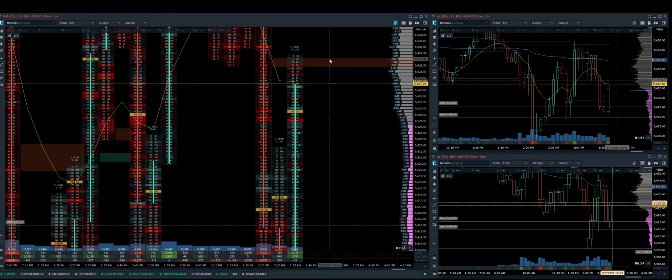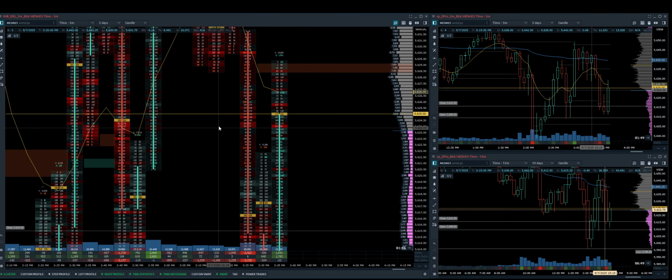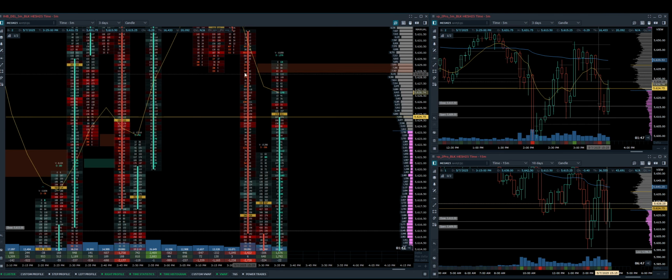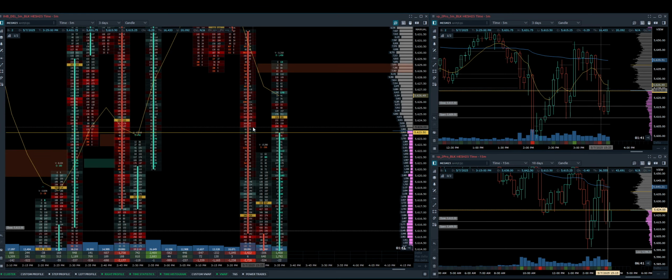A bunch of that was just support, it became resistance. This is when you have a bunch of selling up in here. So when you have a bunch of selling prior, you want to keep mindful of where your stops are and where your targets are.